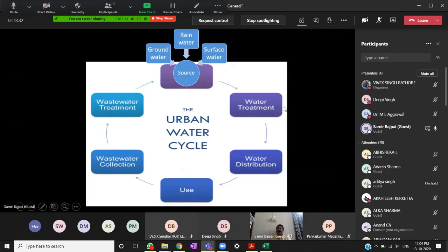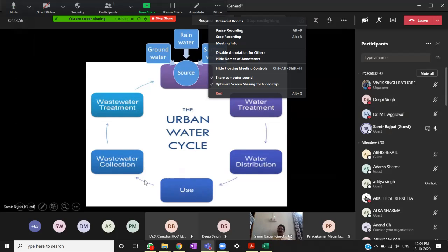A lot of money has been spent in treating this water to drinking water level. So you may be thinking whether we can segregate the water use lines in houses and treat water to drinking quality only for cooking and drinking, while other water can be of slightly lower quality and used for other purposes. That is actually the future. That is what the future is going to be.